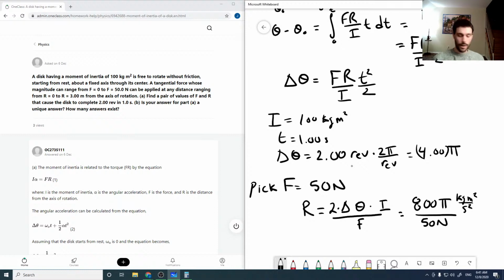And if you do that out, this R is well greater than 3 meters. And as this is our biggest value of force, that is going to be our smallest radius, which means that, at least for the values given in the question, there are no values of force or radius that work.